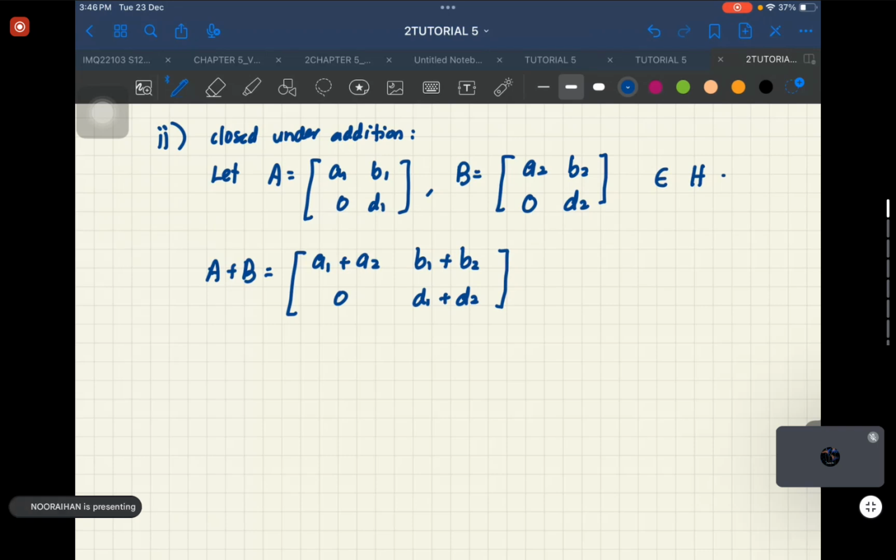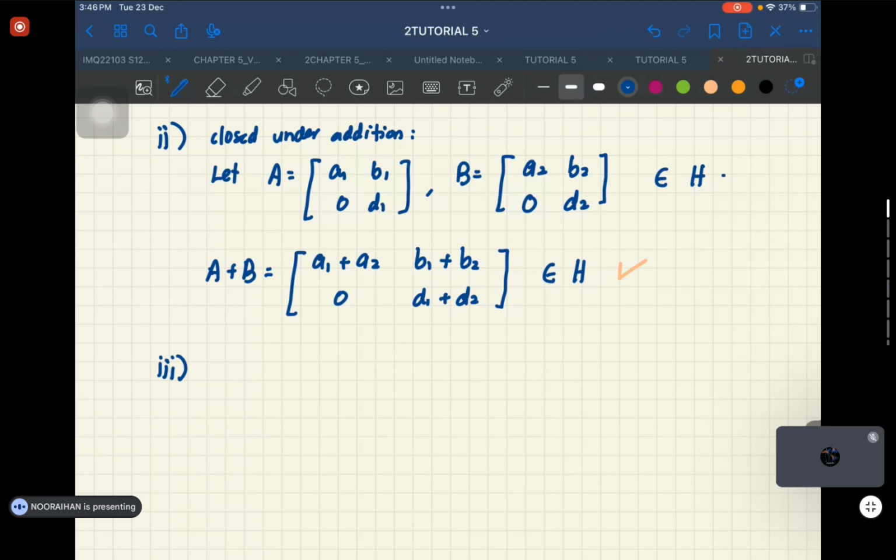Okay, so this is also an element of H. So you can see that it preserves the same structure like the original one. So it passes, it is closed under matrix addition.